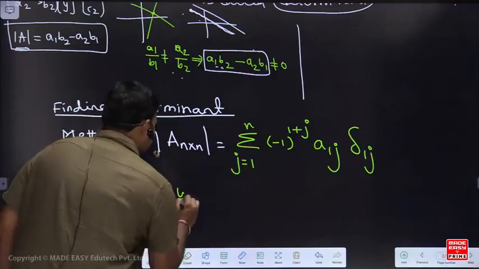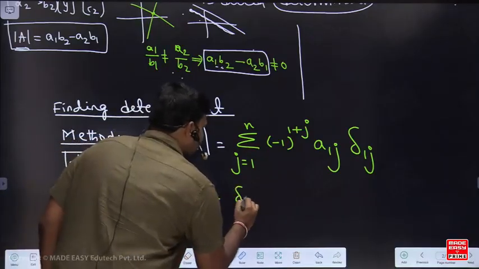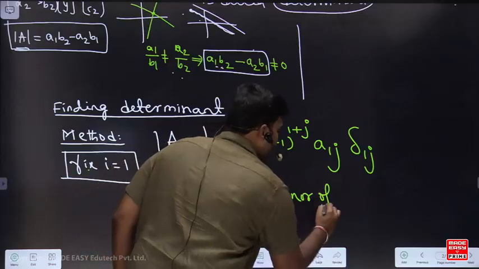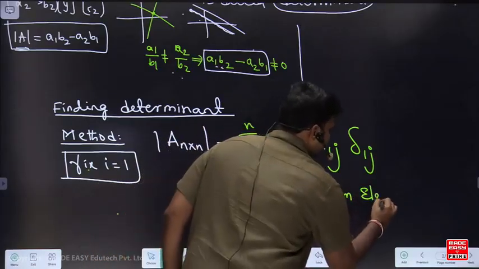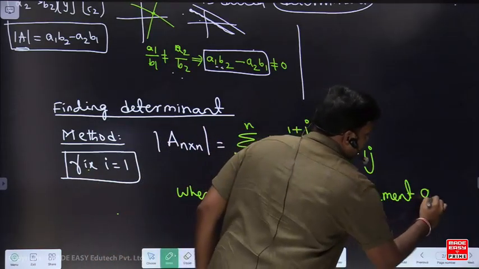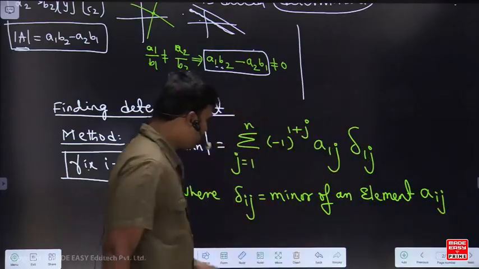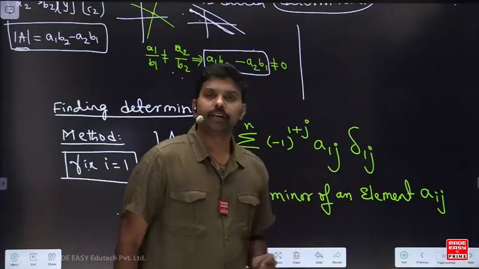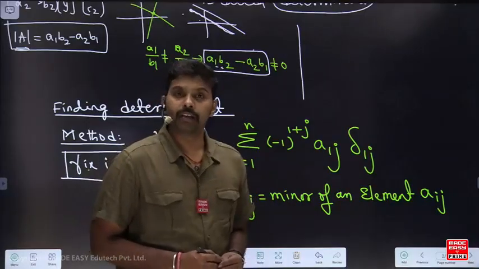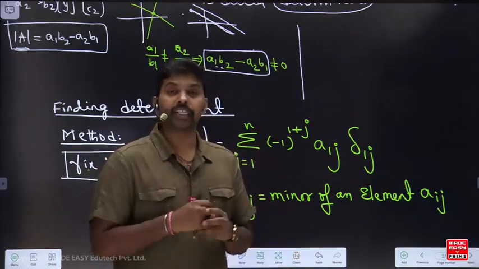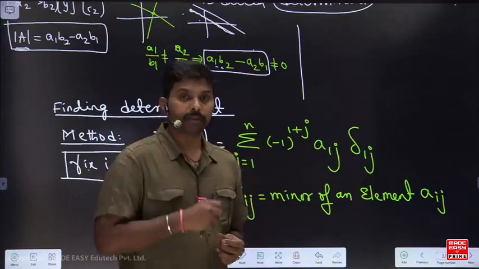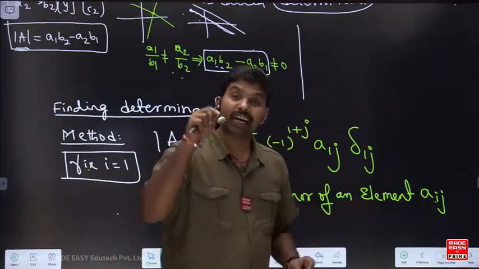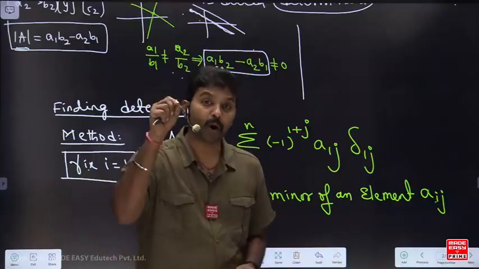Now let me write this, where delta ij is nothing but the minor of an element aij. What is the minor of an element? How do we take the minor of an element in a matrix? Let me tell you here: remove the ith row and jth column of that element.